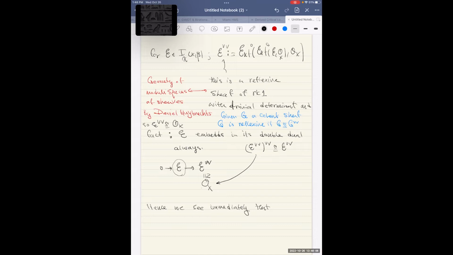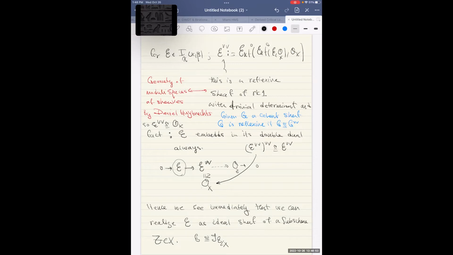So we can realize this sheaf E as the ideal sheaf of a subscheme Z inside X. Therefore E is realized as the ideal sheaf of some subscheme, and what completes this diagram is the structure sheaf of that subscheme.